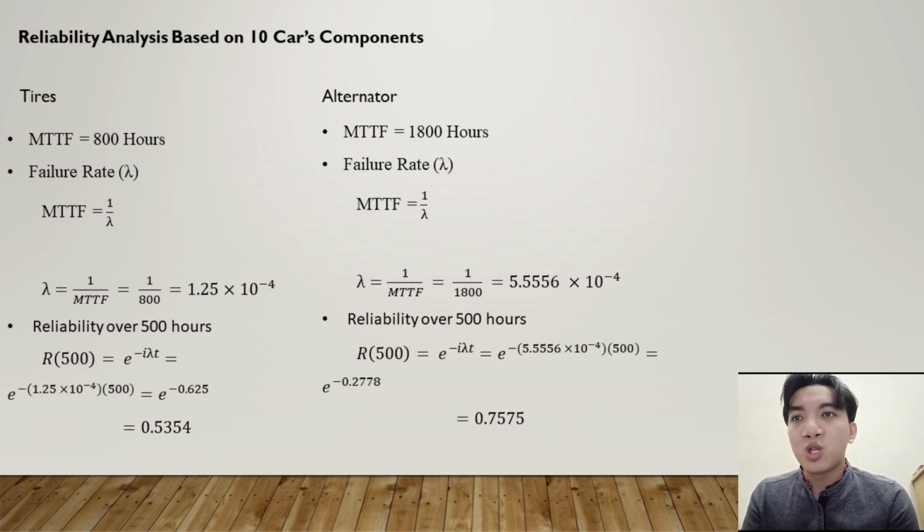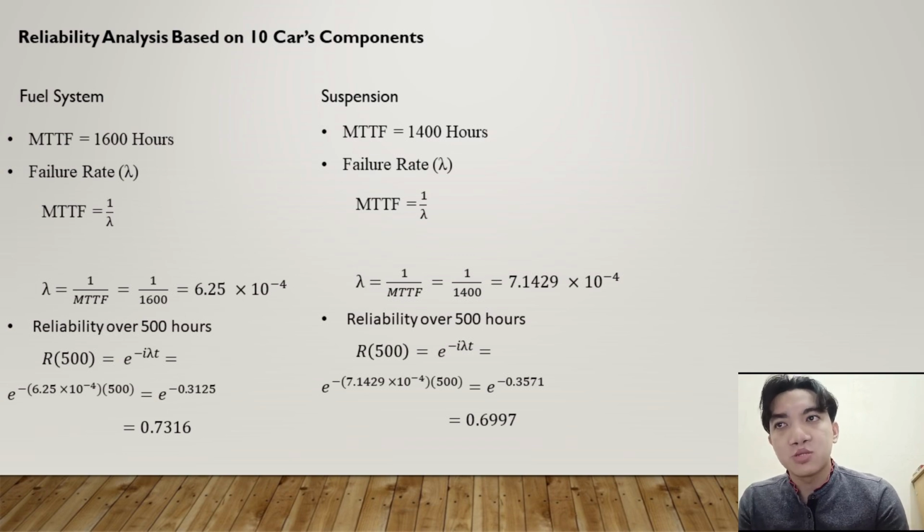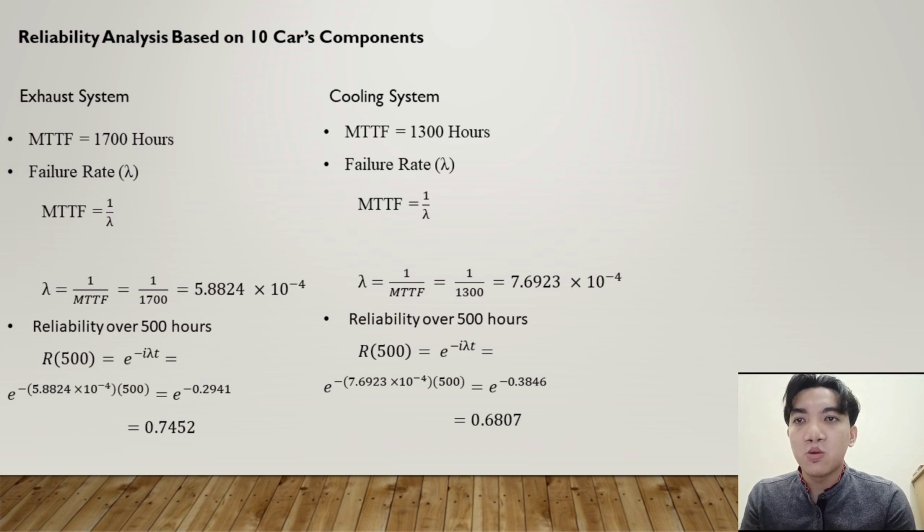For tires we get 0.5. For alternator we get 0.7. For fuel system we get 0.7. For suspension we get 0.6. For exhaust system we got 0.7, and for cooling system we get 0.6.